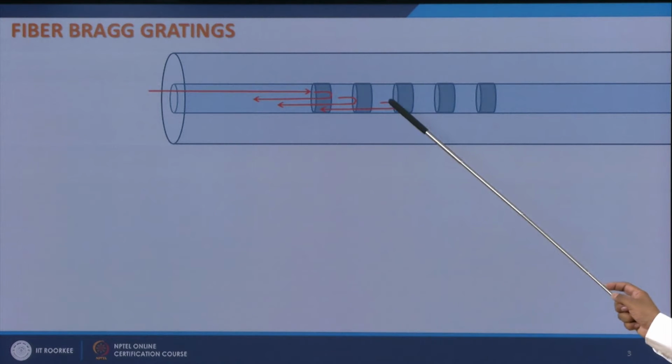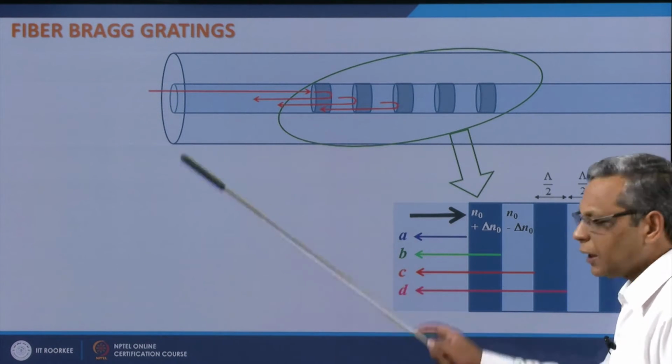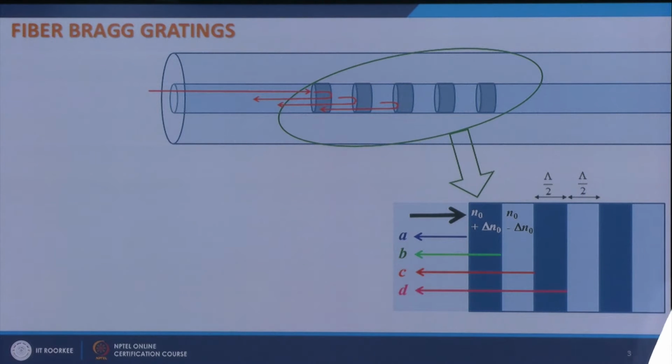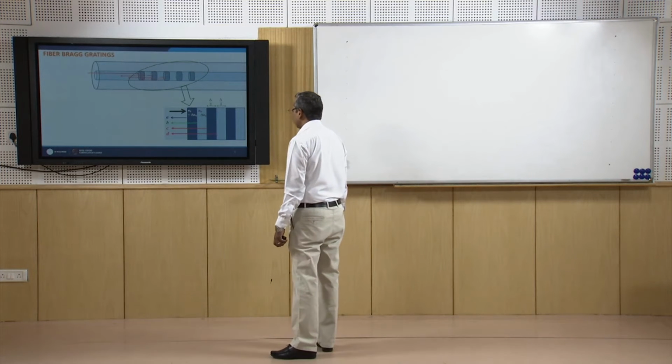Similarly, from all the other layers there would be reflections. What happens is that when all these reflections are added up in phase, then we can have a very strong reflection, and this will happen at a particular wavelength.